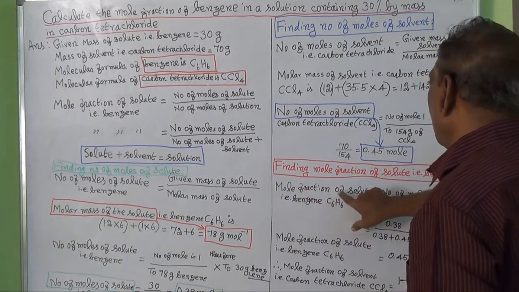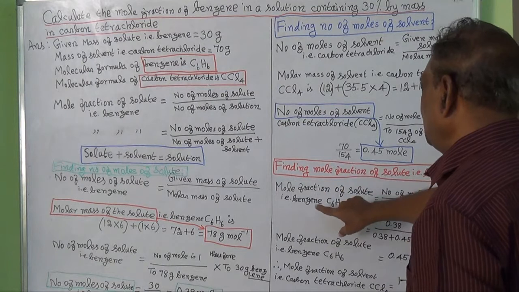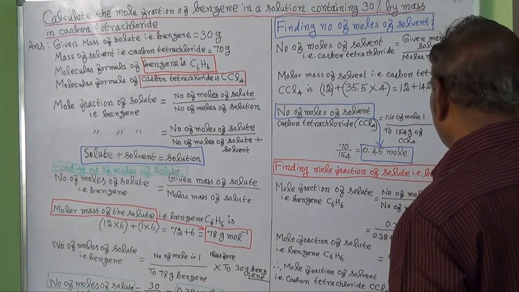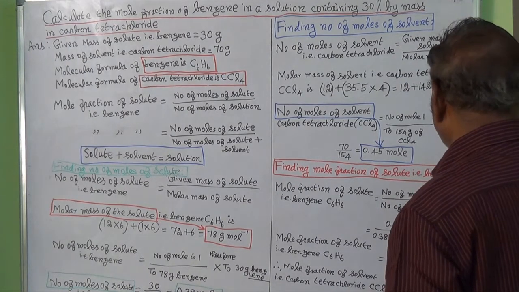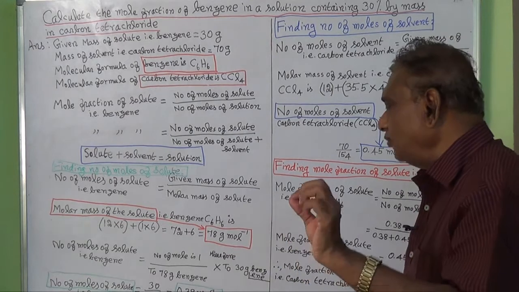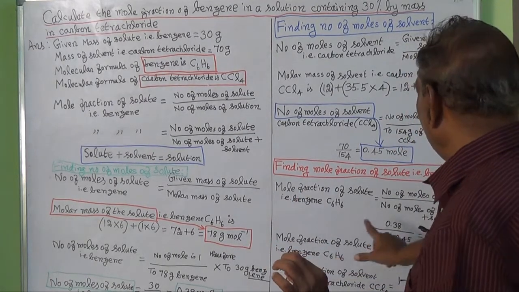That is, mole fraction of solute, benzene C6H6, equal to number of moles of the solute divided by number of moles of the solute plus solvent. The number of moles of the solute is found as 0.38 mole.